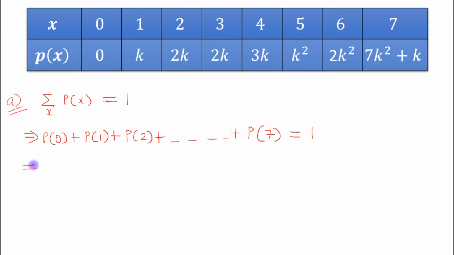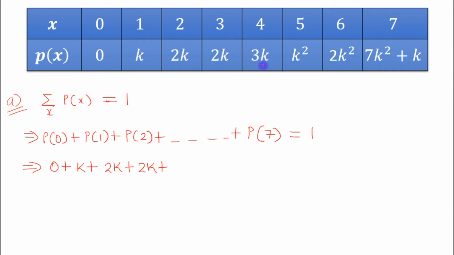In the next step, probability of 0, that means when the value of x is 0, its probability is 0. Next one, p1 will be equal to k. Next one, p2 is 2k, and next one, p3 is also 2k.